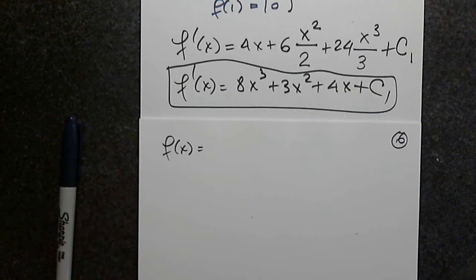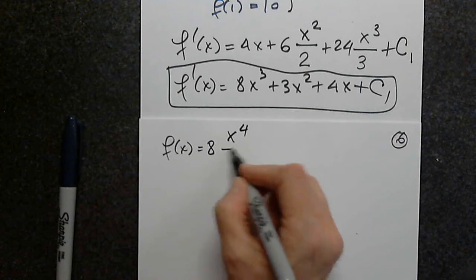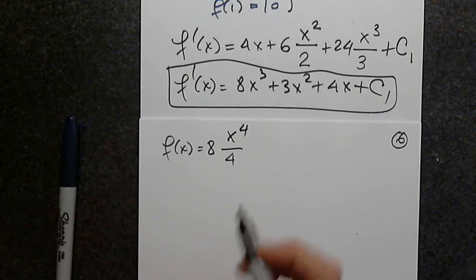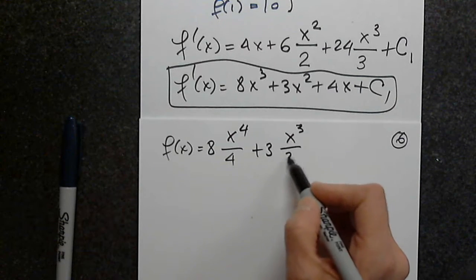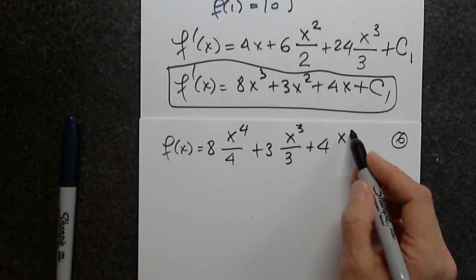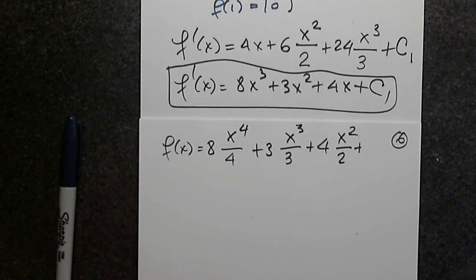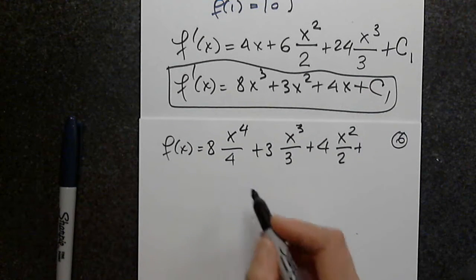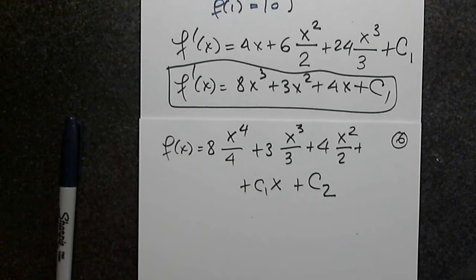Good. So then 8. I increase the power by 1 and divide by that number. Plus 3. I increase the power by 1 and I divide by that number. Plus 4. I increase the power by 1 and divide by that number. Which function prime is c1? c1x plus c2.